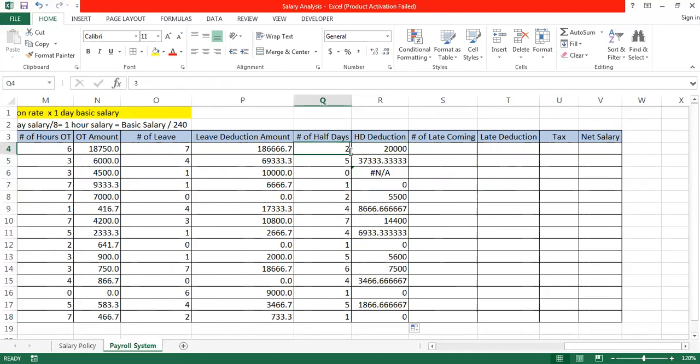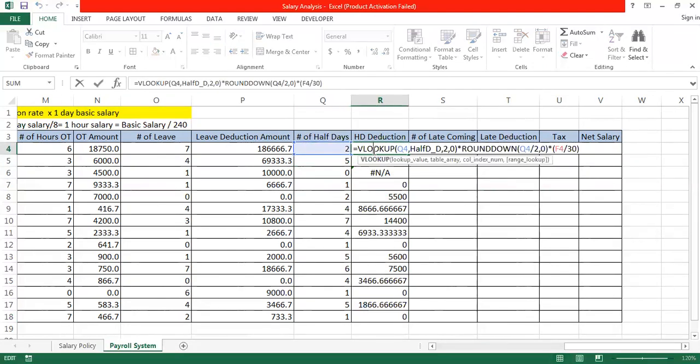So you can see if I put 2 over here, again I think there is an issue. ROUNDDOWN Q4. All right, so Q4 2 divided by 2, 1 day deduction. What is the issue? All right. The half day rate is actually changing, due to which, for example, in 3 half days we do not have the same rate.